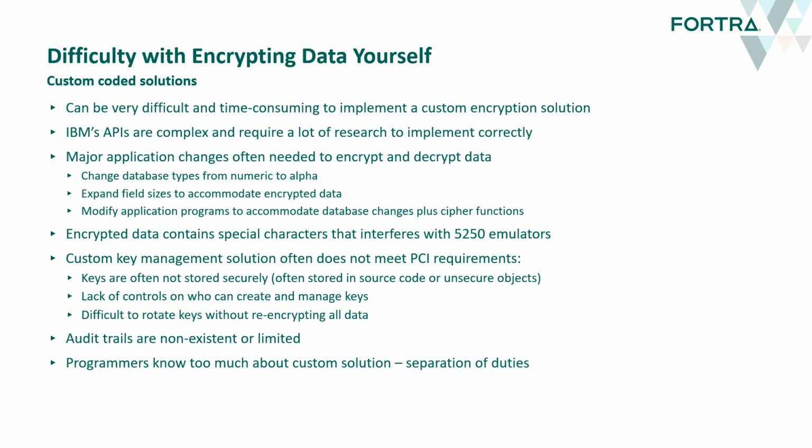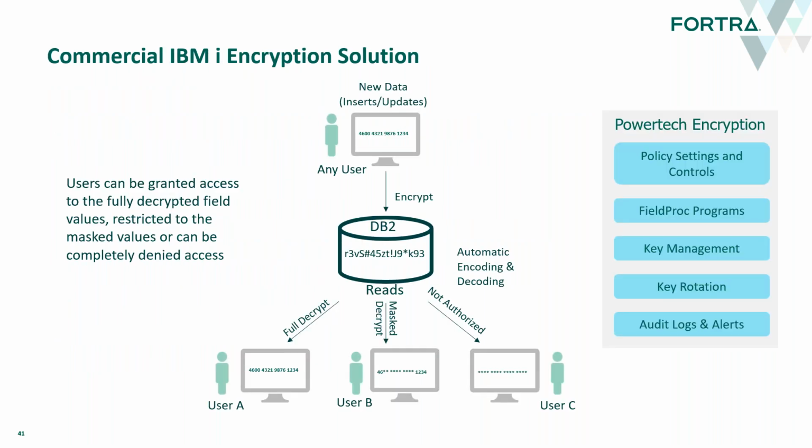So what I would do is actually consider a commercial IBM i encryption solution. So rather than reinventing the wheel or trying to invent a new wheel for yourself, use a wheel that's already there. So commercial solutions are going to already have all of that planning taken care of, and understanding where the field procedure programs are, how they're called, what the impacts can be, and accommodating for that, and ensuring that they are doing that and using those APIs properly so that it does provide for that streamlined performance, and it does provide the protection at the same time.